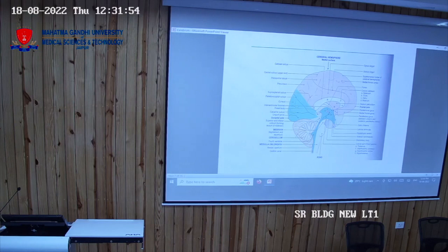So this is the fornix. And below this fornix, look at this green part. This is the part of the thalamus. And below the thalamus, you are seeing this line, and below this line, this part is the hypothalamus.